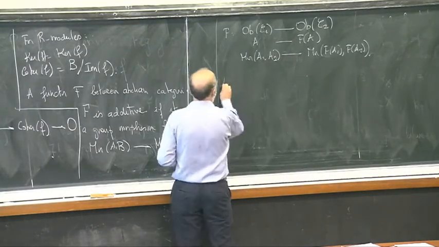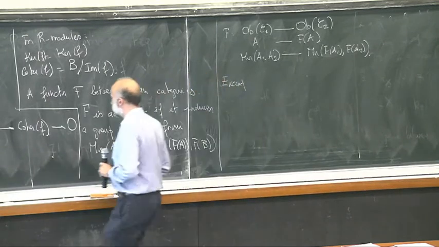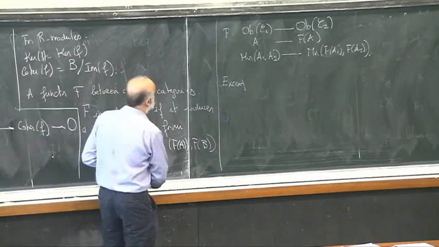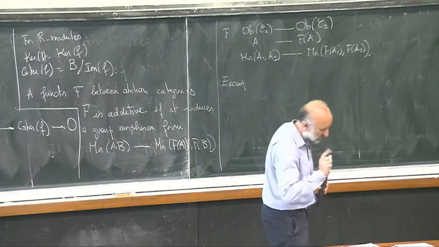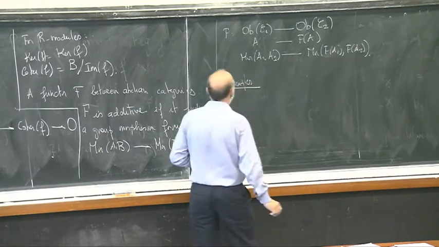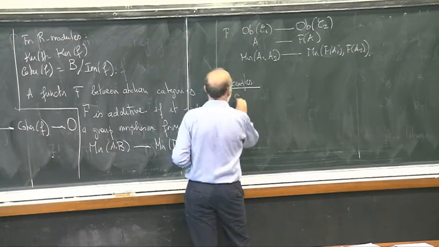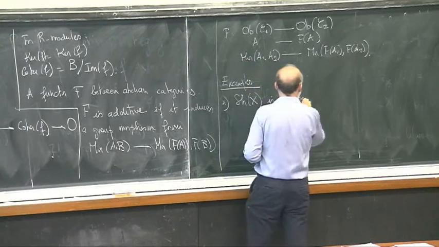I had to say something about, no, I will say that a little bit later. So examples. Well, as I said, the sheaves over X, this is an abelian category.